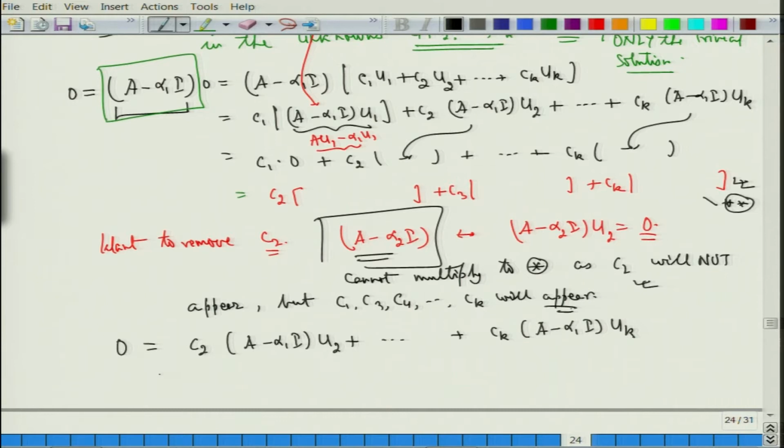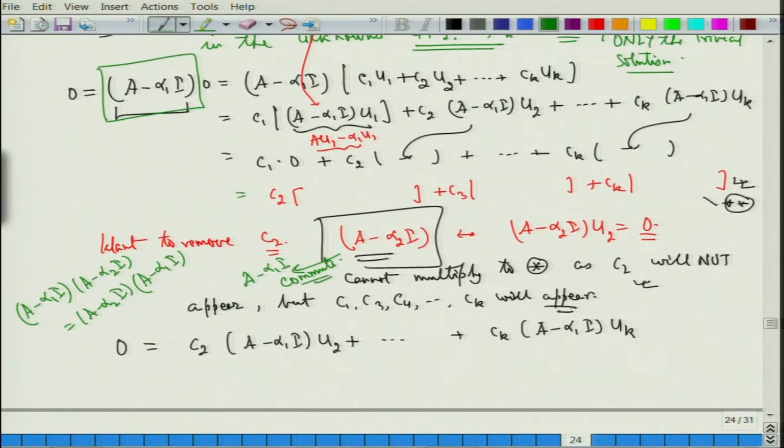So if I do this, you also observe a very, very important observation, that this matrix times this matrix is same as A minus alpha 2 I times A minus alpha 1 I. That is, these two matrices commute.